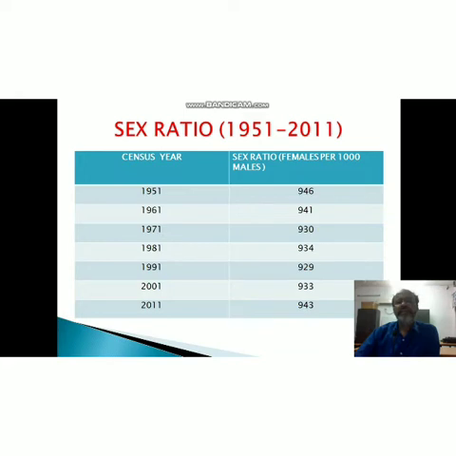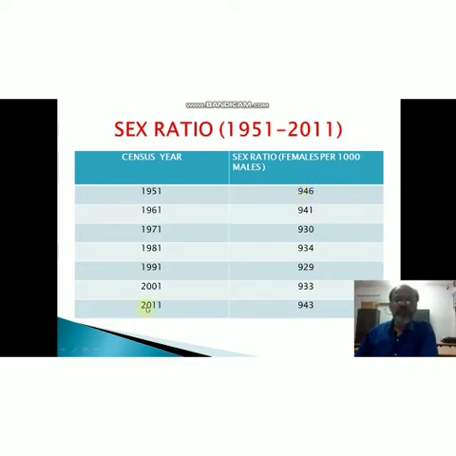Sex ratio 1951 to 2011. In this table we will see the census year is 1951 to 2011. In 1951 the sex ratio was 946. That means in 1000 males 946 females were there.